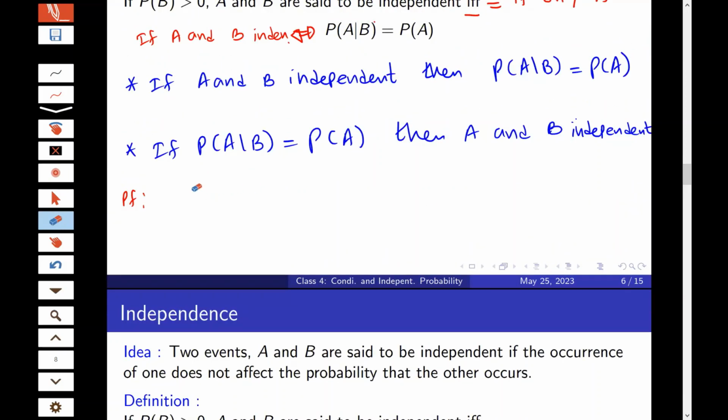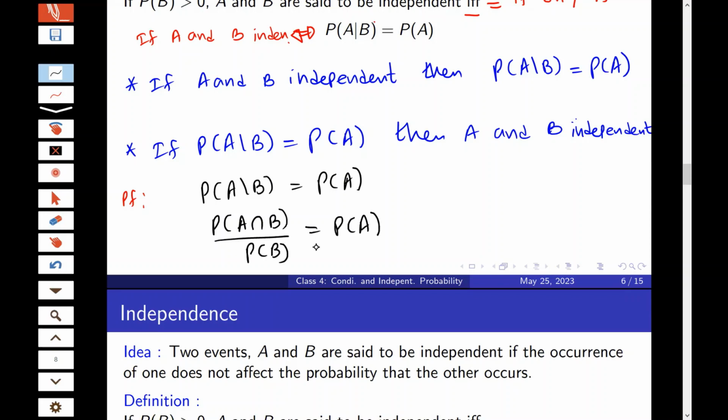So we can write the left-hand side, P(A given B) equals P(A). Now I'm going to write this using the definition: P(A intersection B) over P(B) equals P(A). Now I'm going to multiply both sides by P(B) because P(B) is strictly greater than 0.